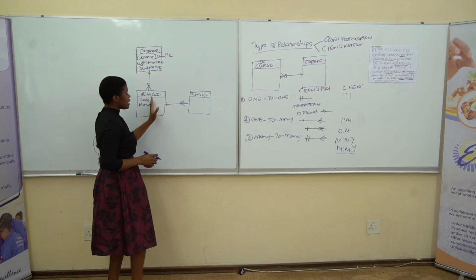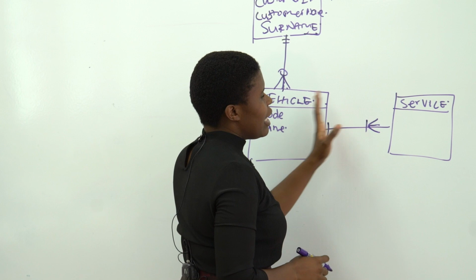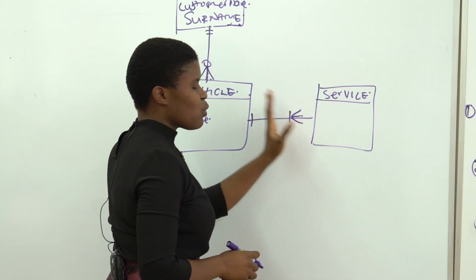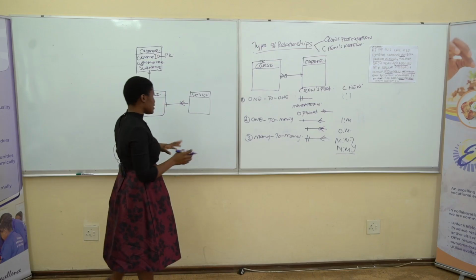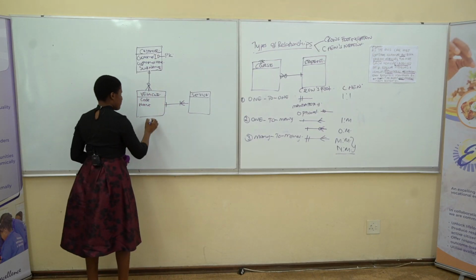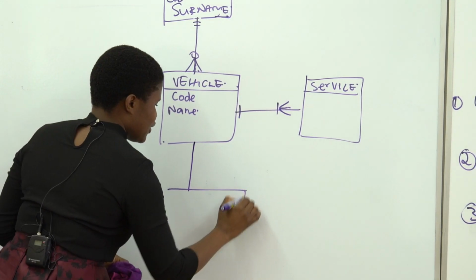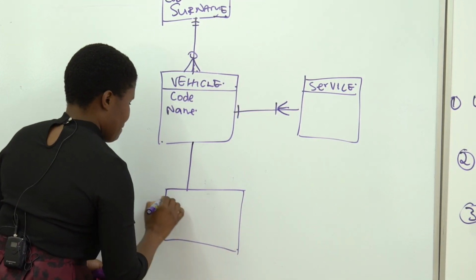So the relationship between a car and regular service is going to be a one to many. Now we are moving on. It says that the same car must also go to maintenance. You service it and you maintain it. The same vehicle has a relationship with maintenance.